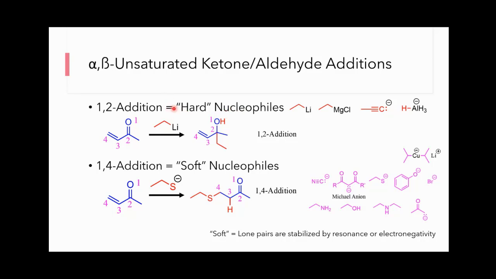with certain nucleophiles. Hard nucleophiles are these, these are examples, and soft nucleophiles are these. To figure out which one's hard or soft, you look at the lone pairs of the nucleophile. If they are stabilized by resonance or by electronegativity, they are soft nucleophiles. Like here, you can resonate these, and these negative charges are also on electronegative atoms, like Br or sulfur or oxygen.